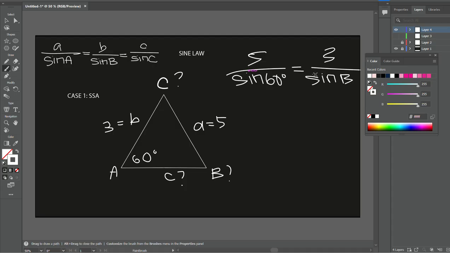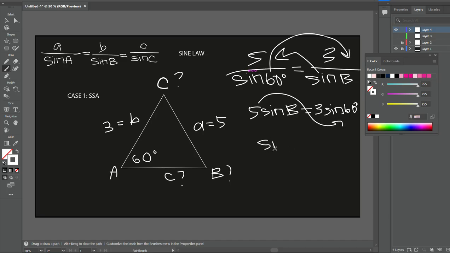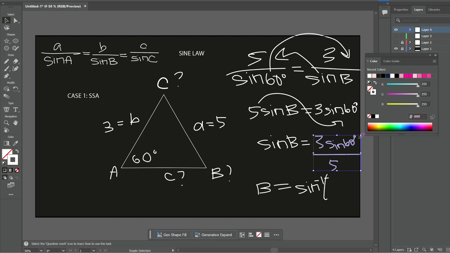Sine B, cross multiply, and then now we do the inverse, which is just moving the sine to the opposite side of the equal sign.